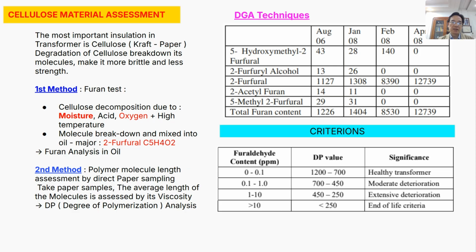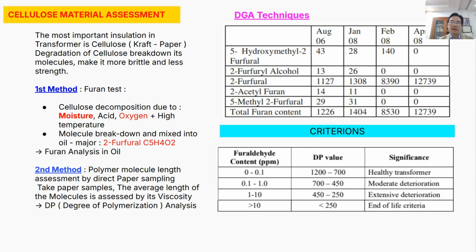The higher the temperature, the higher the aging rate of the material. The other factor also accelerating the aging of the material is the oxygen in oil. Oxygen comes from the atmosphere into oil. More dangerous is the moisture and the acid level in oil.